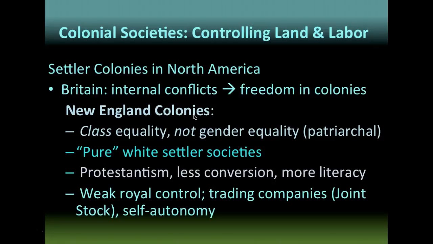And what's really interesting here is that the British military is backing these trading companies. And the British military will support all settler colonies and settlers in North America. So they're protected from not just Native Americans, but from Dutch and Spanish and French people as well, which is pretty impressive to think about.